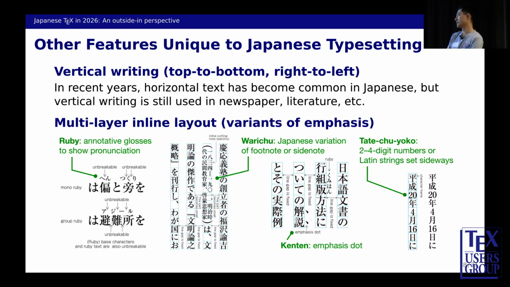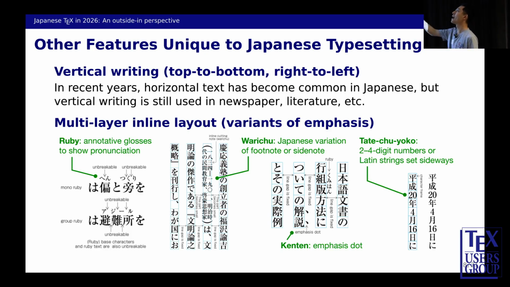And we also have a special type of emphasis mechanism. And also we have a quite weird situation where we have sudden horizontal material inside the vertical text, which is obviously a complex situation that you can easily imagine.